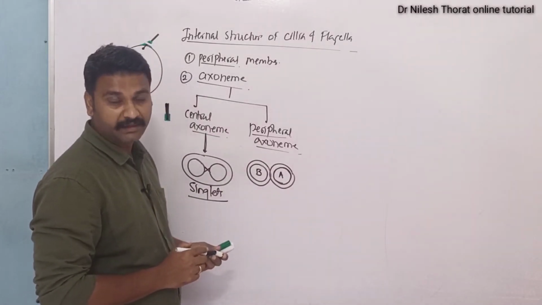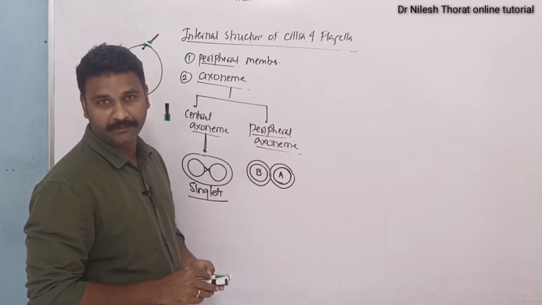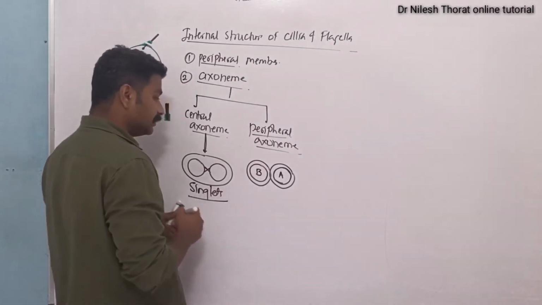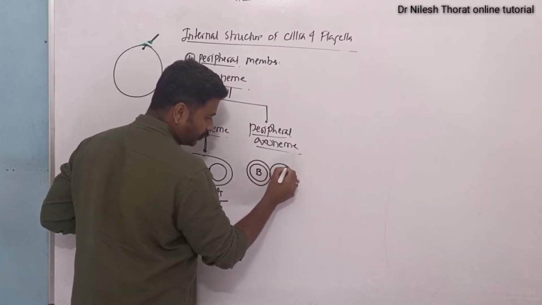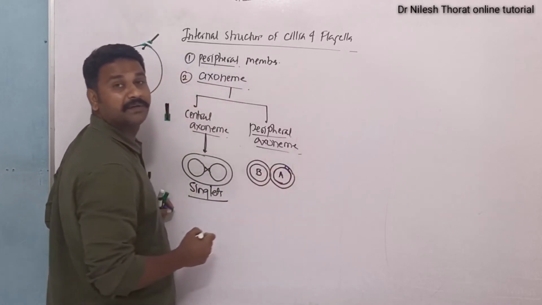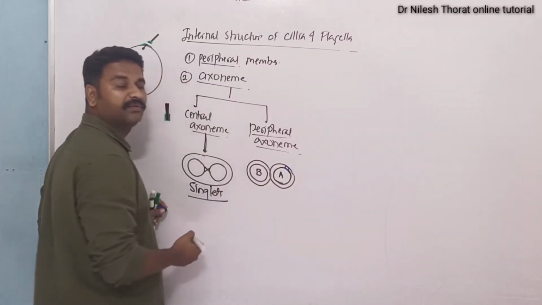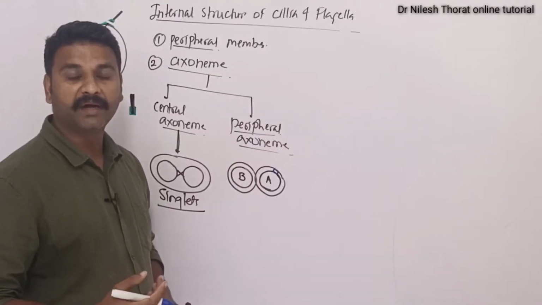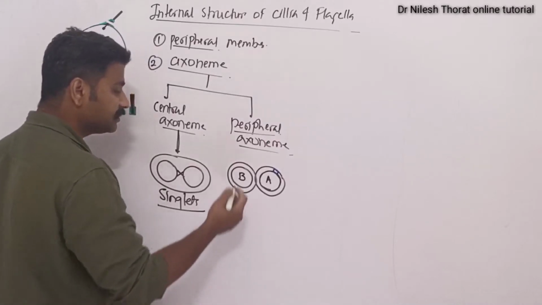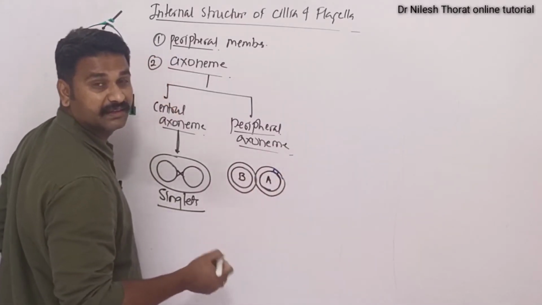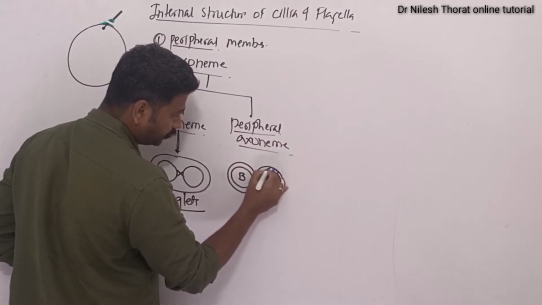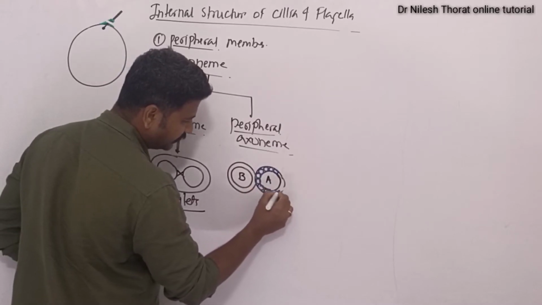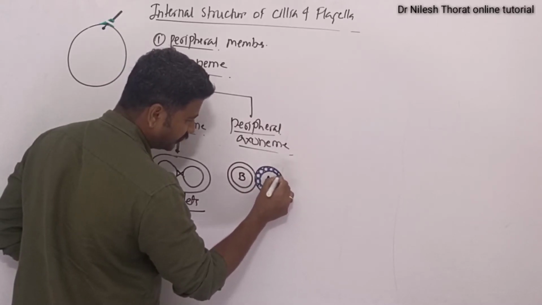The A tube of a doublet is made up of 13 protofilaments, and the B tube of a doublet is made up of 10 protofilaments. These tubes are actually made up of a protein tubulin. The structure of tubulin we will understand in the next video, where we discuss the structure of tubulin or the microtubules in detail. But here just remember that the A tube is made up of 13 protofilaments: 1, 2, 3, 4, 5, 6, 7, 8, 9, 10, 11, 12 and 13.